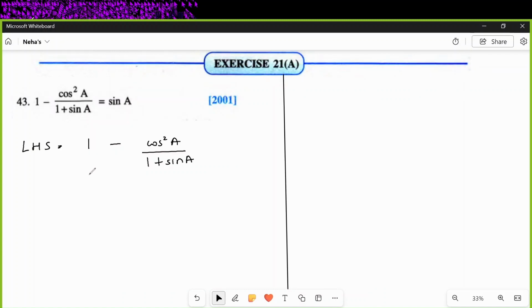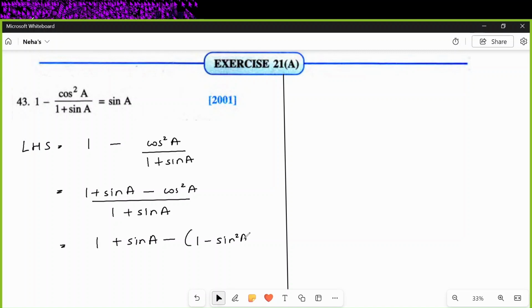In question number 43, the left hand side is equal to 1 minus cos square A divided by 1 plus sin A. Now we will take the LCM here, so it will become 1 plus sin A. The numerator 1 will turn into 1 plus sin A and minus cos square A. Now we will write minus cos square A as minus (1 minus sin square A).